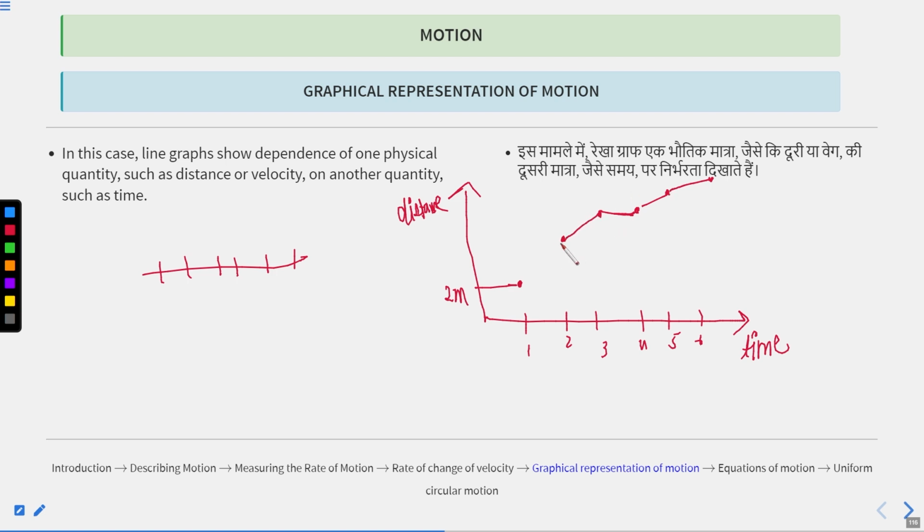If we join these points, we will get a curve, and it will help us understand in how much time how much distance is covered by that object. This line will help us predict the velocity of any object.